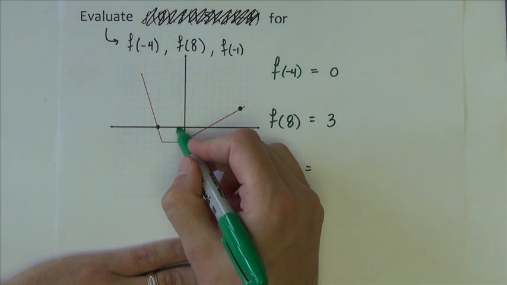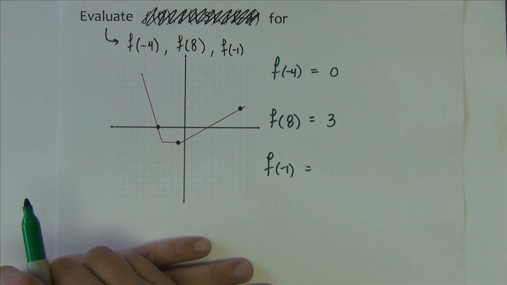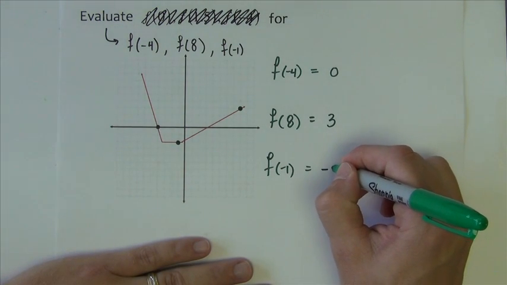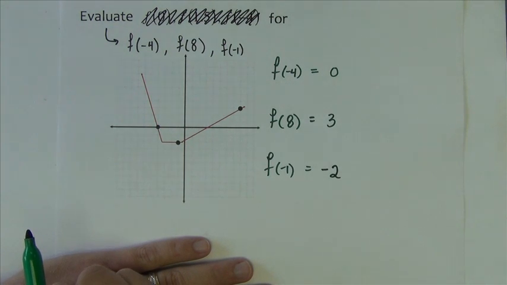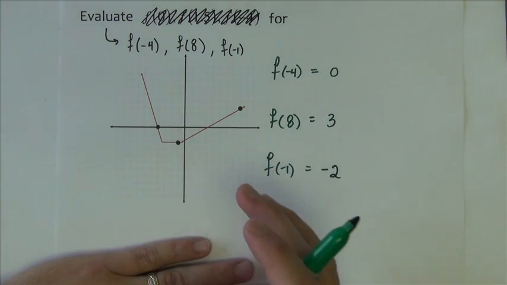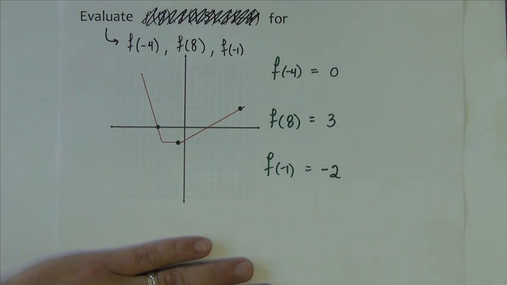So I go to -1 on my graph, find it on the line, it's right there. So what is that point? It's -1, comma, -2. Same exact idea as the last problem when we had an equation, just trying to cement the idea that with function notation, we're finding points that would be on the graph.